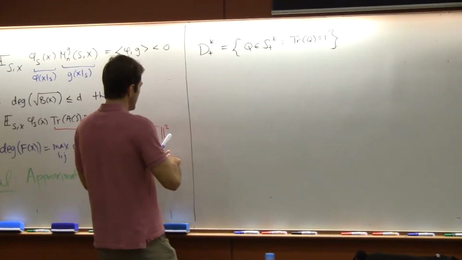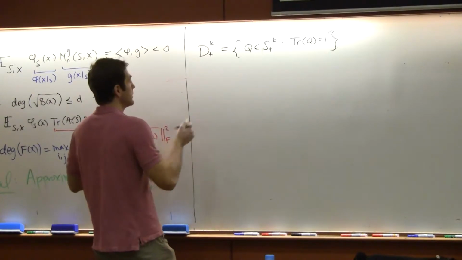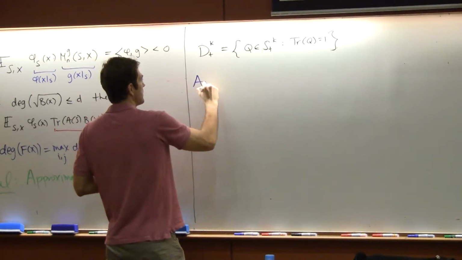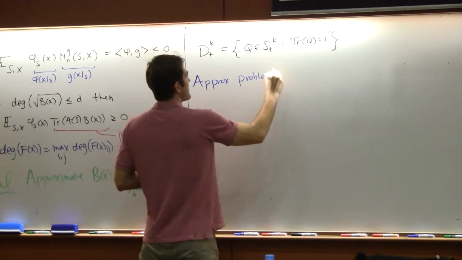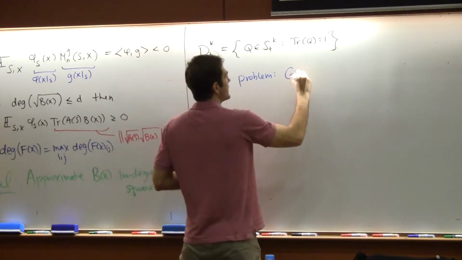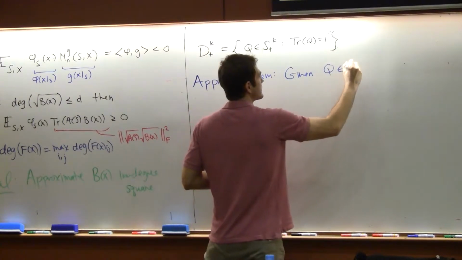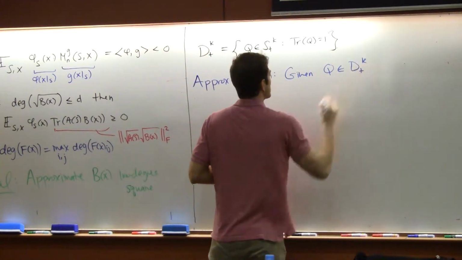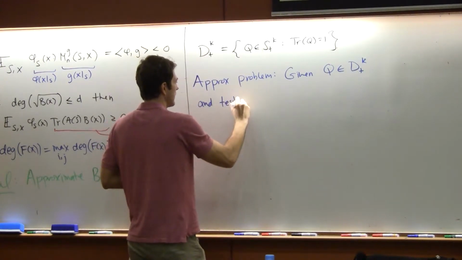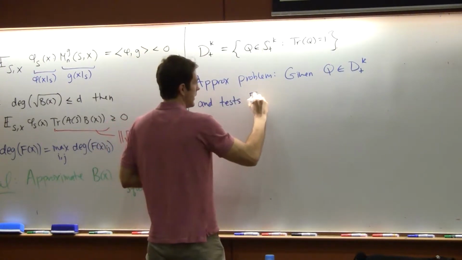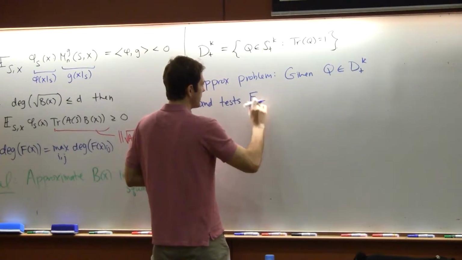And here's the approximation problem that we want to solve. We're given some density Q, and tests F_i. Let's just call them tests, we don't have to number them.